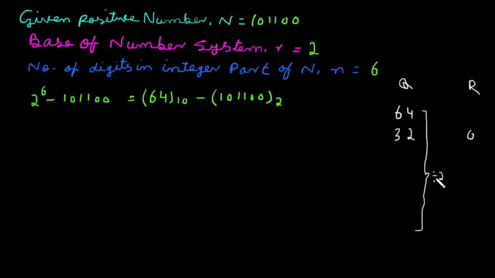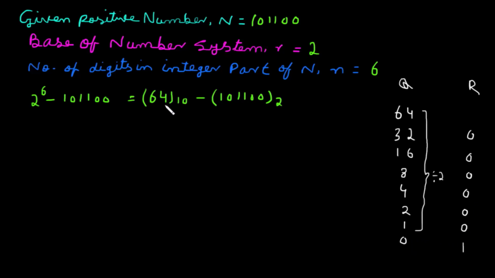When 32 is divided by 2, I will get 16, remainder 0. 16 divided by 2 gives 8, remainder 0. 8 divided by 2 gives 4, remainder 0. 4 divided by 2 gives 2 with a remainder of 0. Now 2 divided by 2 gives 1 with a remainder of 0, and 1 divided by 2 gives a quotient of 0 and a remainder of 1.